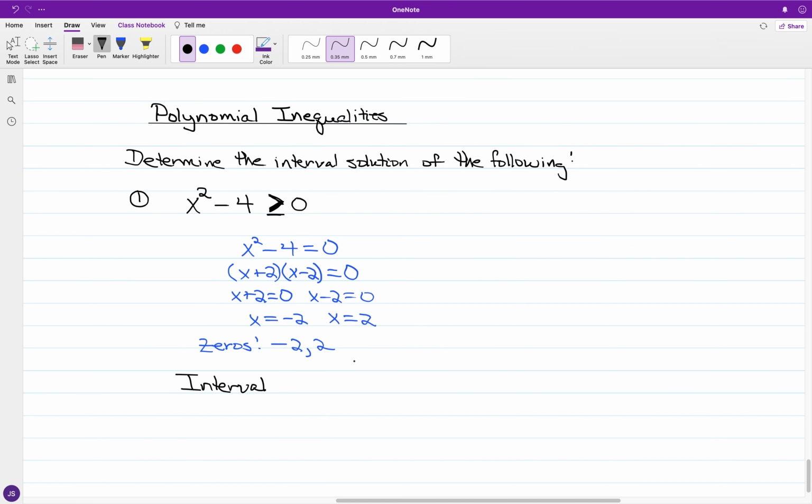We have values of x less than negative 2, then bypassing negative 2, values greater than negative 2 and less than 2, and lastly another open interval section, values of x greater than 2.